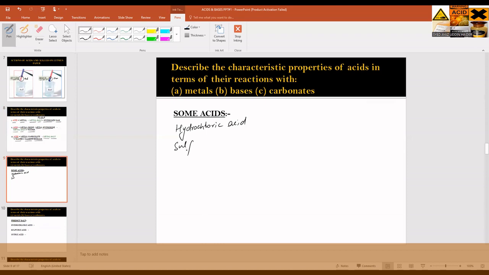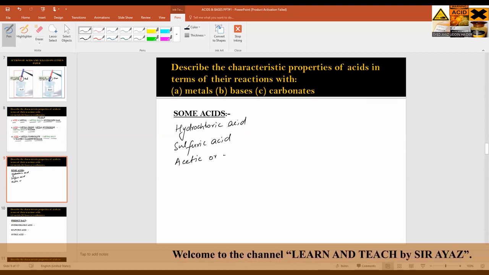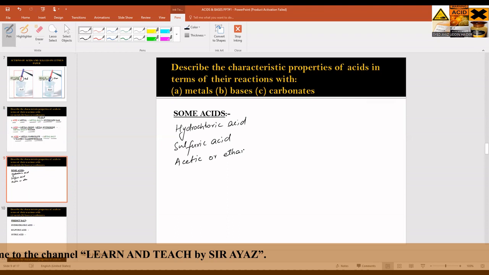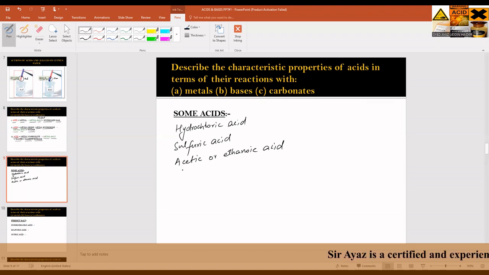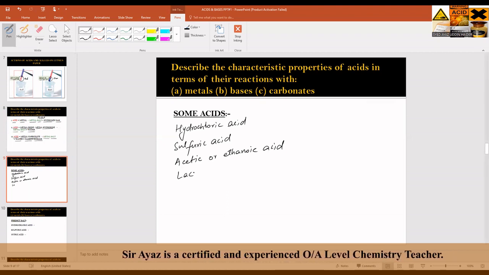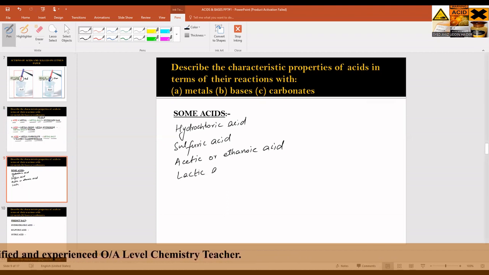Sulfuric acid, this acid is used in batteries. Acetic or ethanoic acid, this acid is present in vinegar. When milk turns sour, it converts into lactic acid.